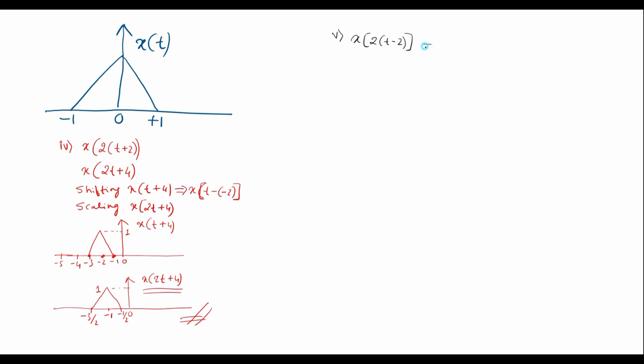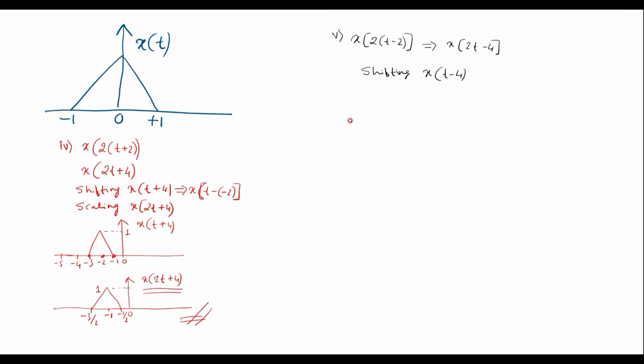So this can be represented as x of 2t minus 4. So here again we are supposed to perform two operations. One is shifting, that is x of t minus 4. Then we are supposed to perform scaling operation. First we will perform shifting operation. So x of t minus 4 is the same as x of t shifted towards right by 4 units.